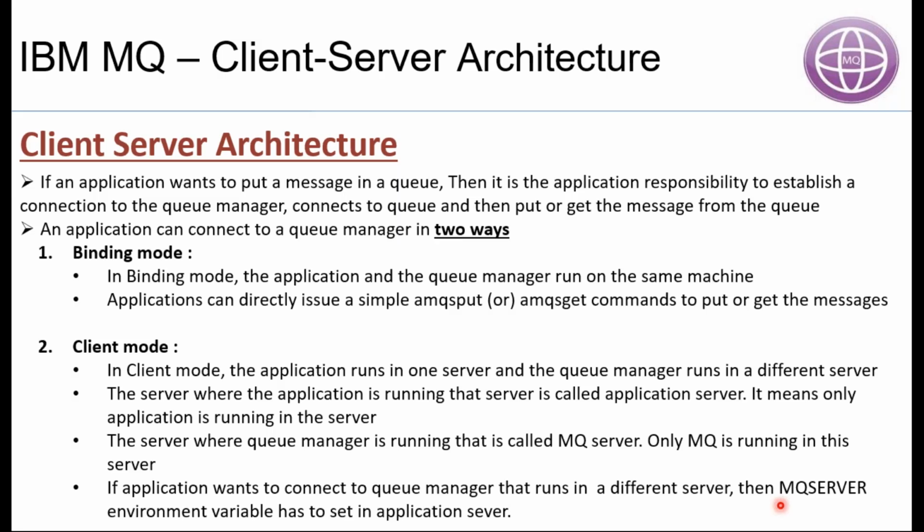Everything is set through this environment variable, so that the application server can understand: these are my connection parameters, and using the connection parameters declared in my MQ server environment variable, I have to establish a connection to my queue manager. So how do we set this MQ server environment variable? Yes, we are going to see that.